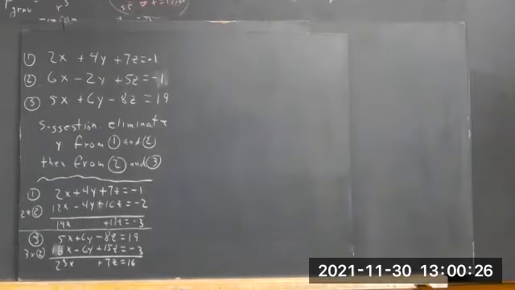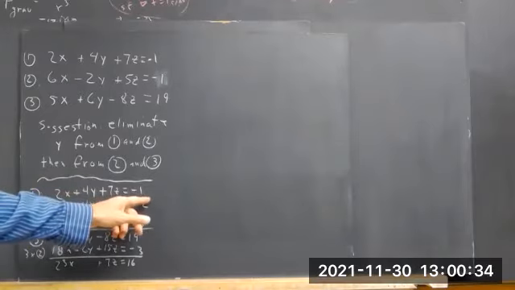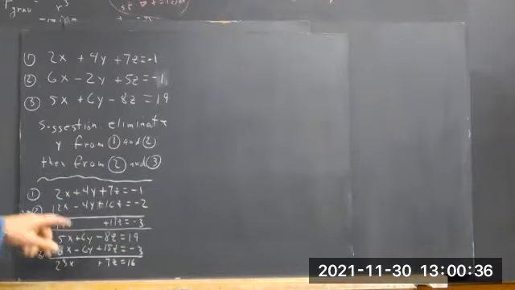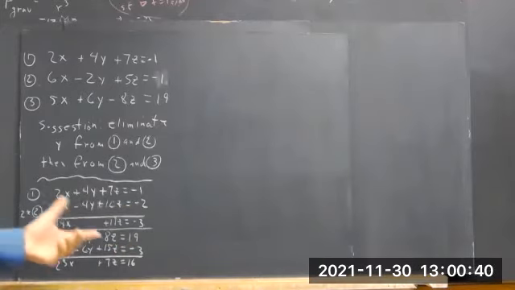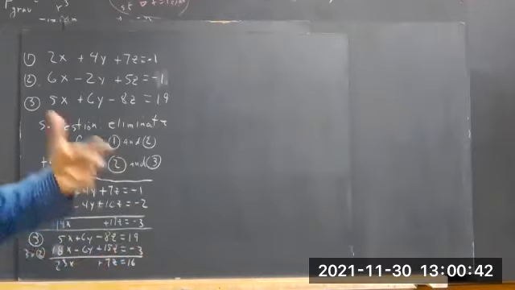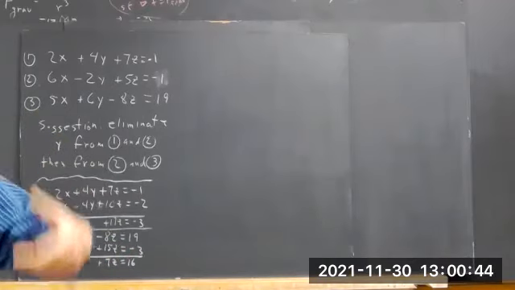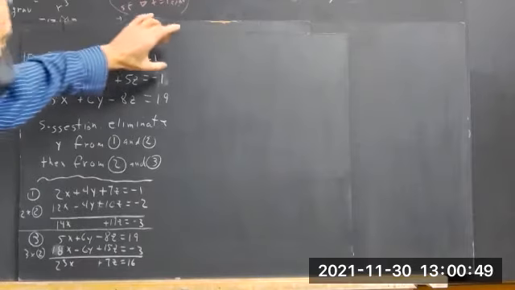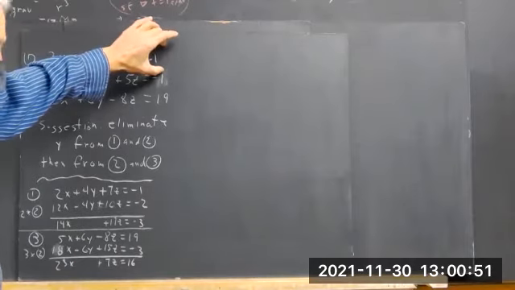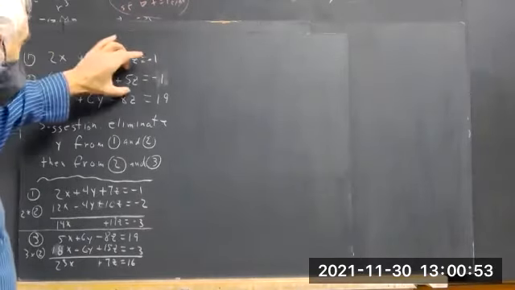Now, one caution. Let's say eliminate y. That doesn't mean just throw away the y's here, leaving you 2x plus 7z equals -1 and 12x plus 10z equals -2. About half the class did that. Okay, let's make sure we understand what we're doing and why we're doing it. This is equal to this, and this is equal to this.